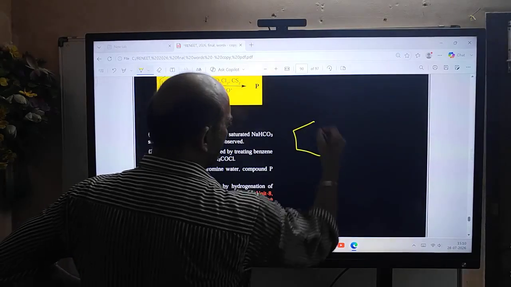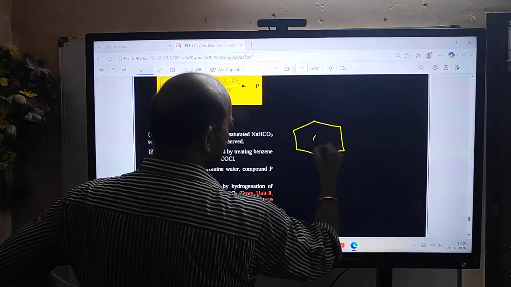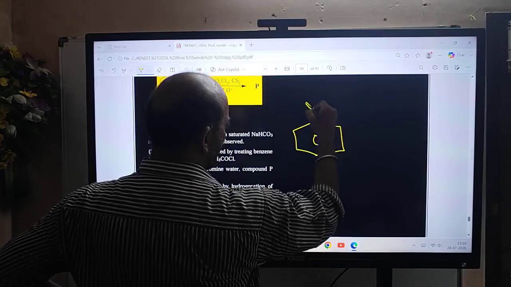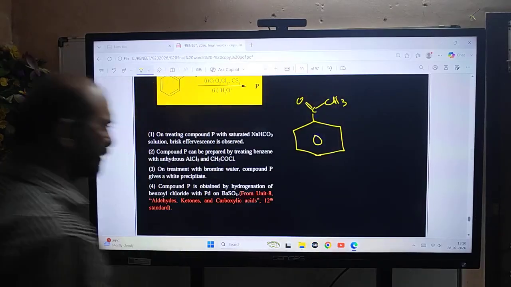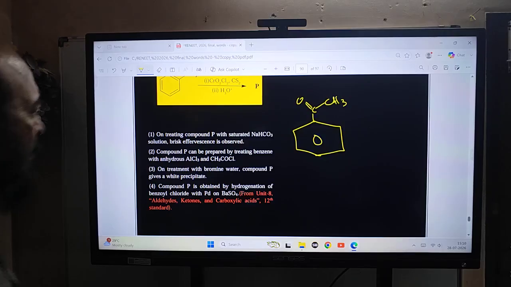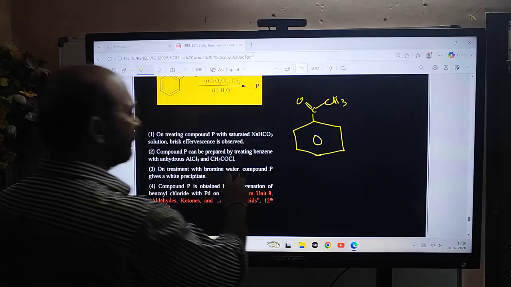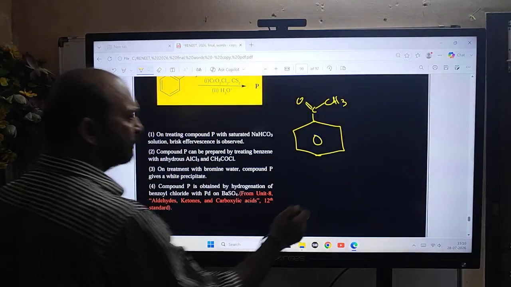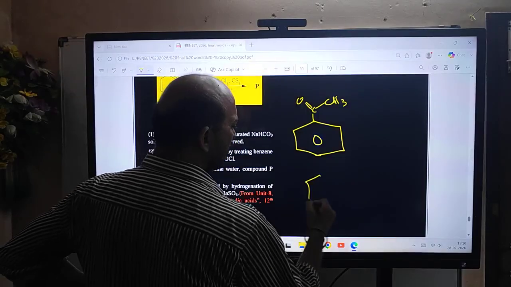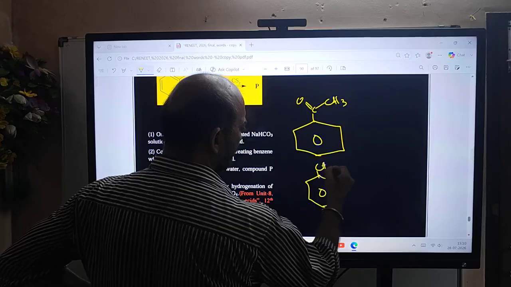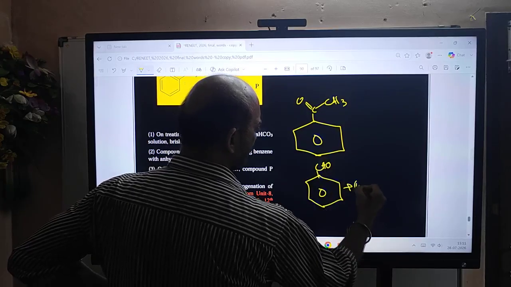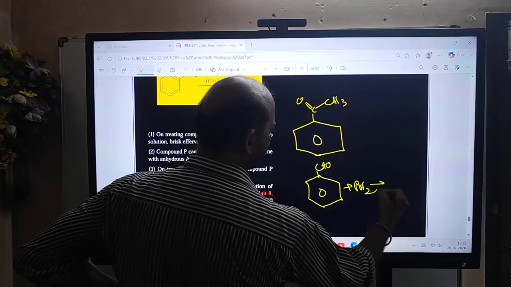Acetophenone will be formed by Friedel-Crafts acetylation reaction, COCH3, that is. So it is not benzaldehyde, it is not P. So that's also wrong. Then, on treatment with bromine water, compound P gives a white precipitate. No, there is no precipitation of anything with the bromine. No reaction. That's wrong.